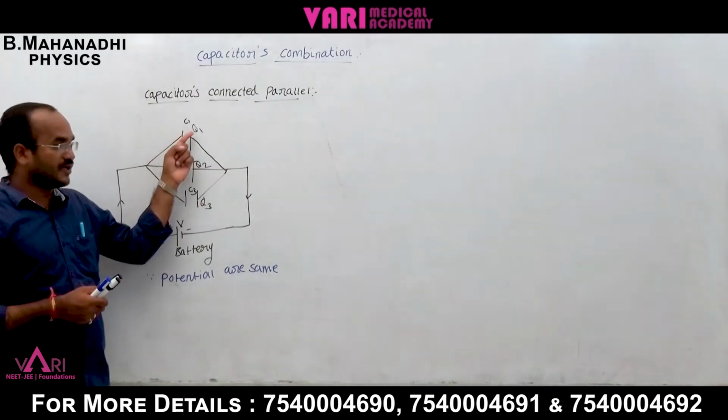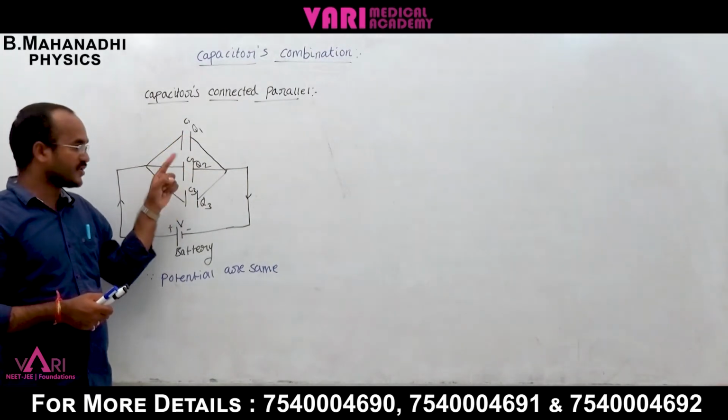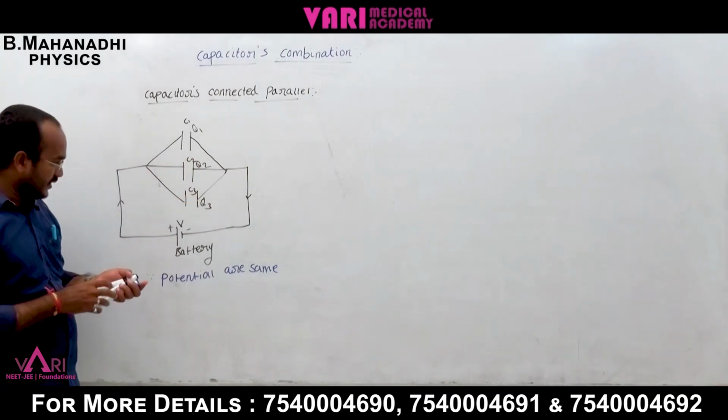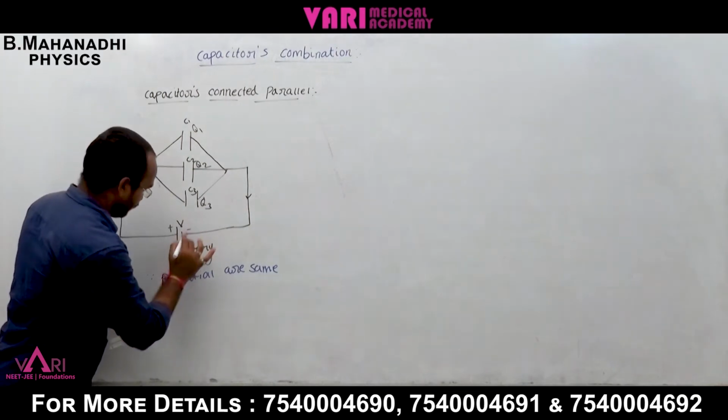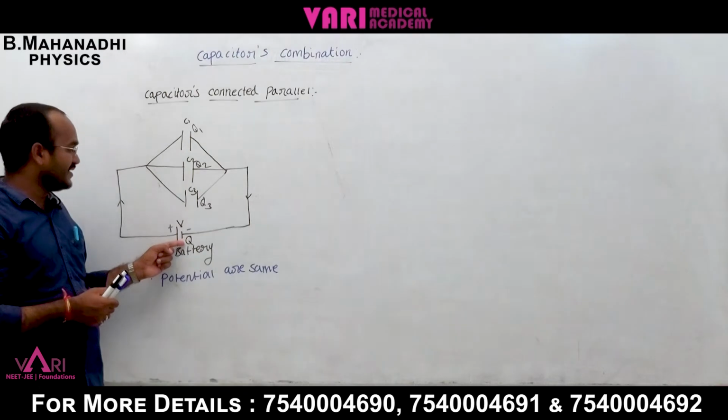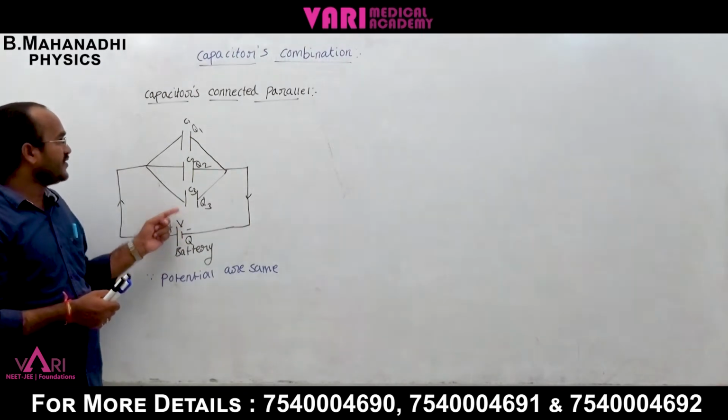First capacitor of charge Q1, second capacitor of charge Q2, third capacitor of charge Q3. Battery of the charge is Q. Now the summation of the charge is equal to the individual charges.